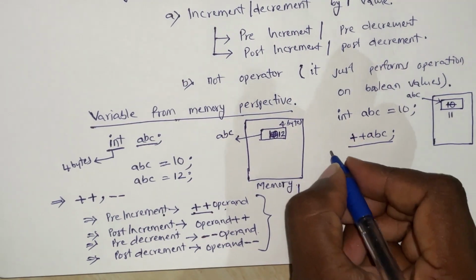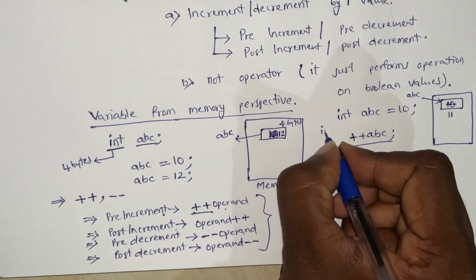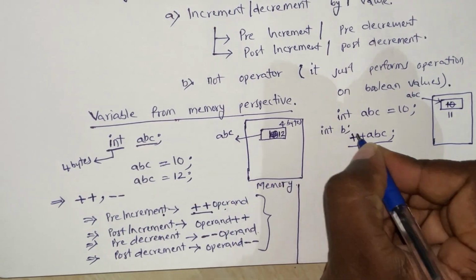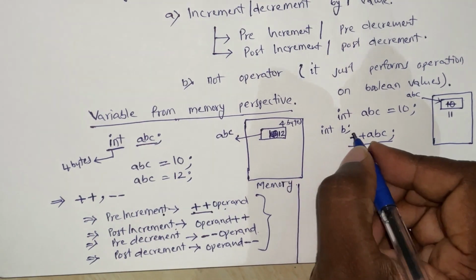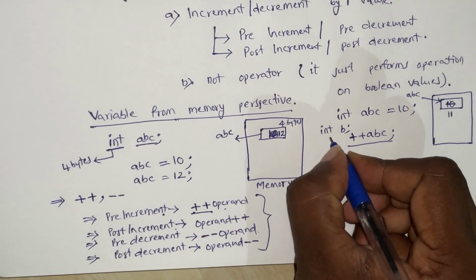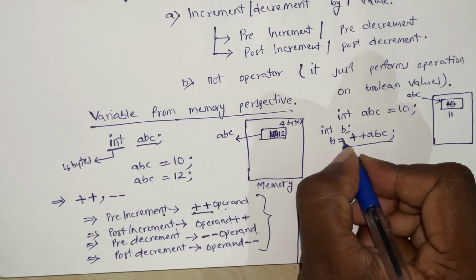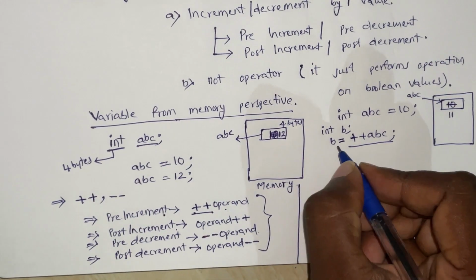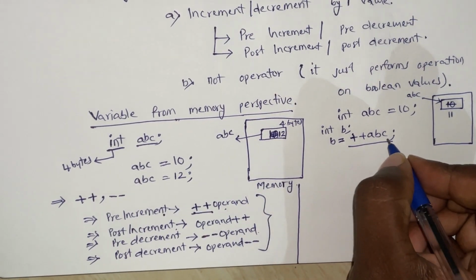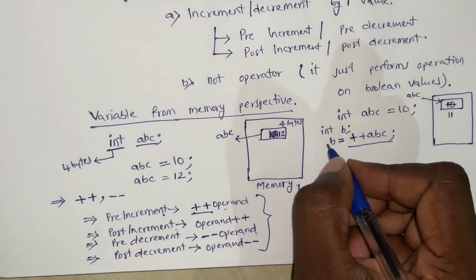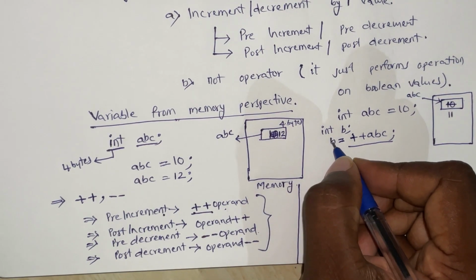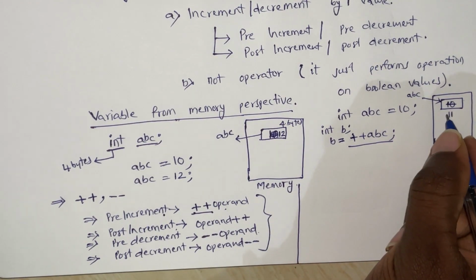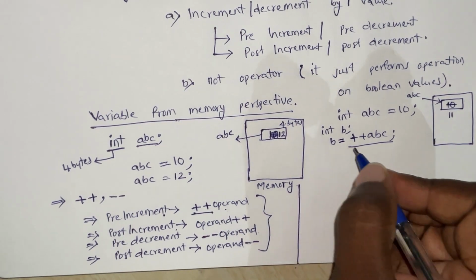Let's say we have another variable, int b, which does not have any value assigned. Now we assign b equal to plus plus abc. What will b store? Plus plus abc means 11 will be stored into b, because first it increments and then assigns to b.